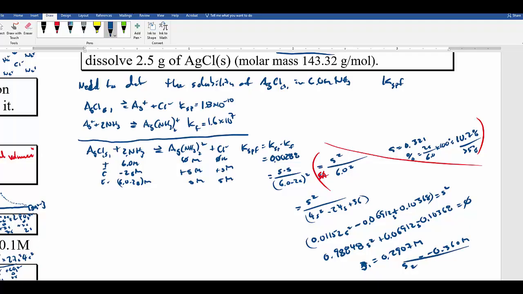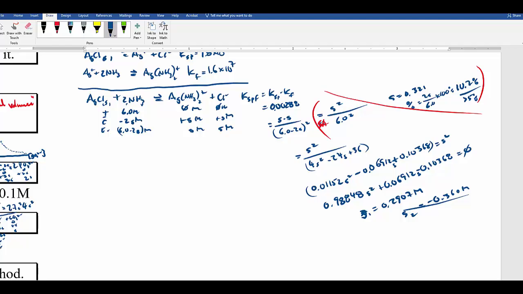It can't be negative. So 0.2907 molar. So that's the solubility. I mean, we use the solubility as a conversion factor. And what the solubility tells us is that 0.2907 moles will dissolve per liter of solution.